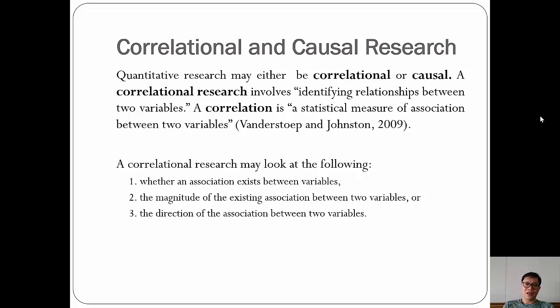Take note on this. Whether an association exists between the two variables, whether they are related; the magnitude of the existing association between the two variables, the size of it, how they are related; and the direction of the association between the two variables, the output.